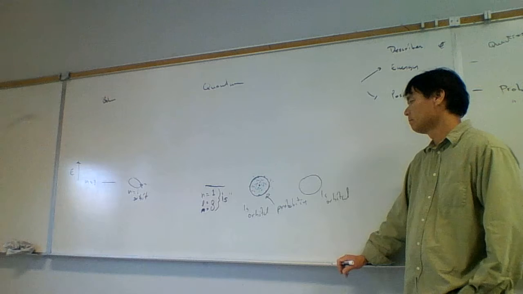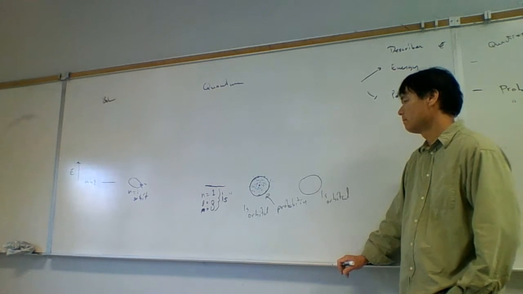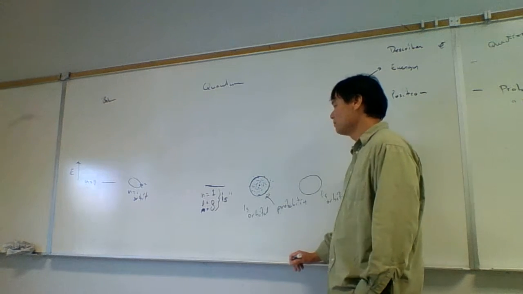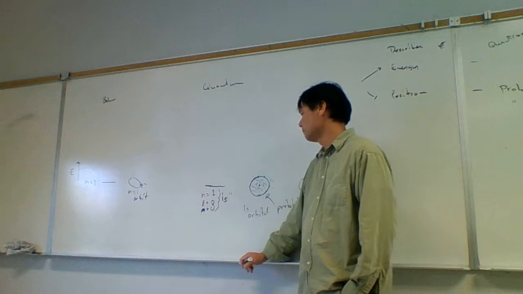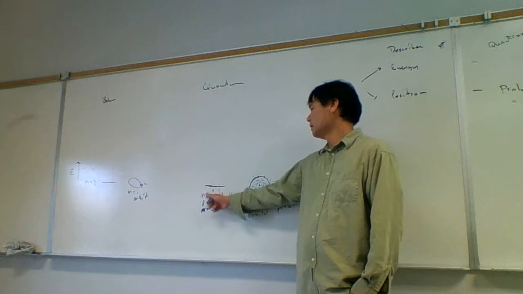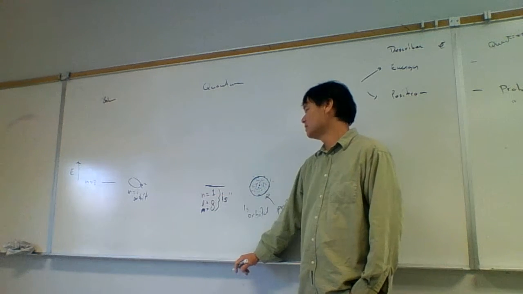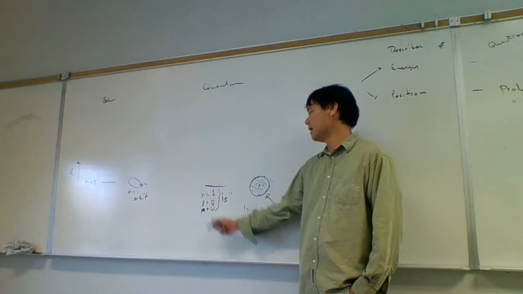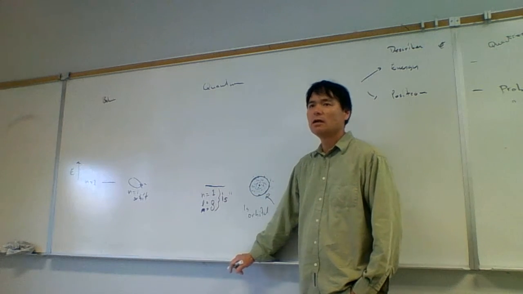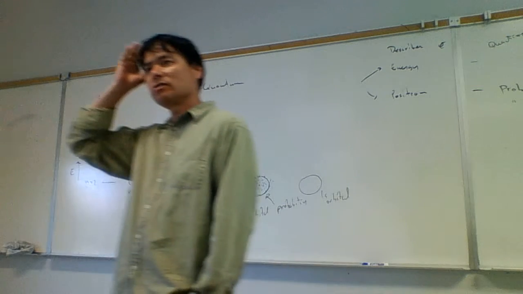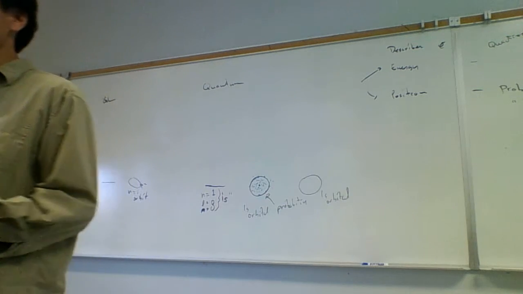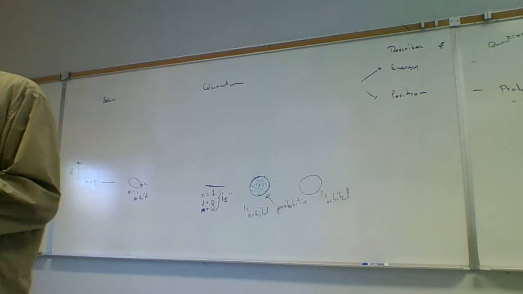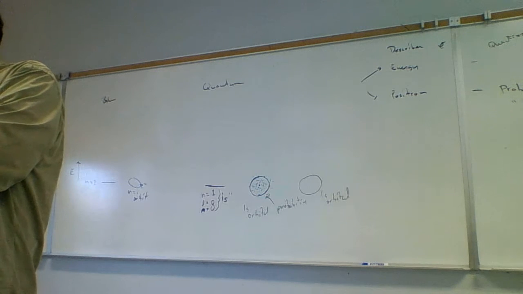What does L stand for? This comes from the physics of this, and there are names for it. This comes from the math of the Schrodinger equation, and L is just the variable they picked for the math of the Schrodinger equation, but it does have a physical meaning. The physical meaning of L is angular momentum.